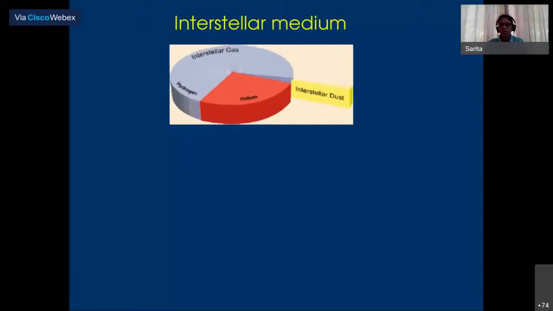And what is this interstellar gas? We have anyway seen its composition. Mostly it's hydrogen and helium, hydrogen around 75%, helium 23%, and then the rest can be heavy elements. Of course, different parts can have slightly different composition depending on whether enrichment has happened with the heavy metals or not.